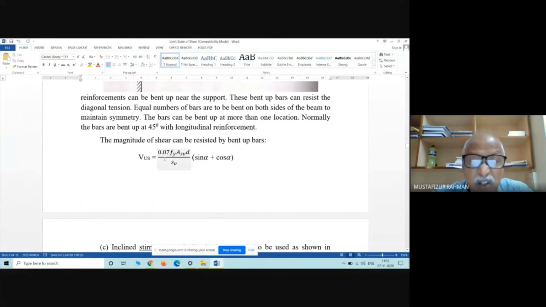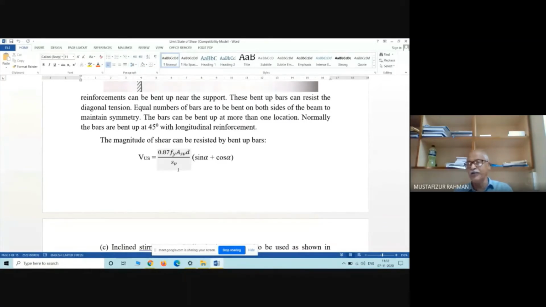In both expressions, the Sv is there. Sv is the spacing of stirrups. Okay, this is available in your IS 456. You need not worry.